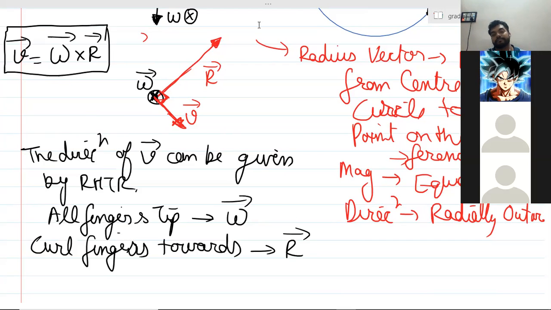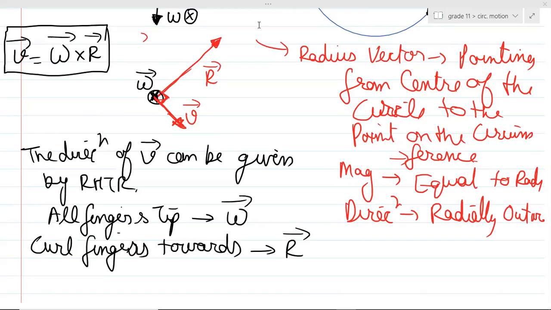Any doubt in this? So basically, this is your cross product. The direction you decide like that. So I guess this is pretty much clear. The direction of V equals omega cross R.